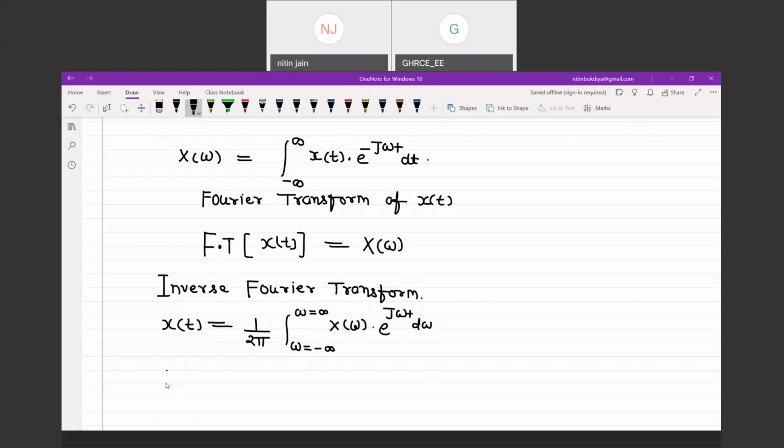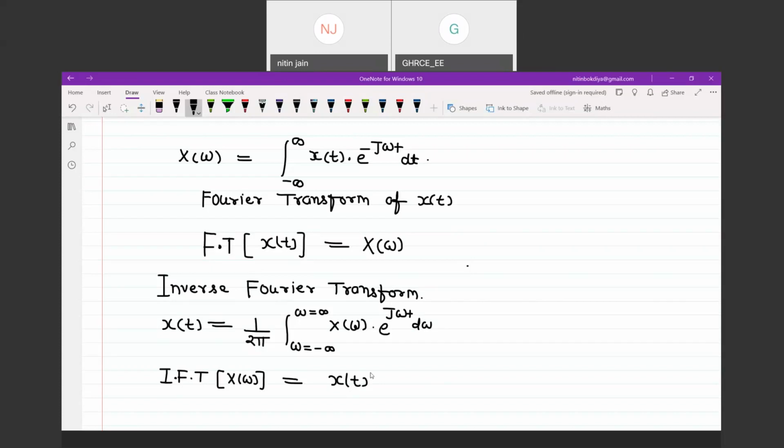So the inverse Fourier transform of x of omega is equivalent to x of t.